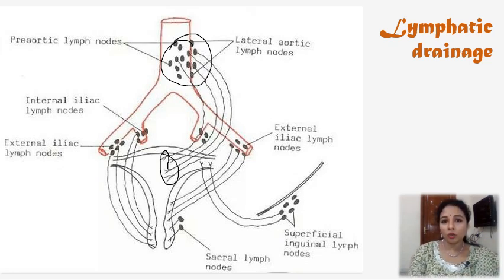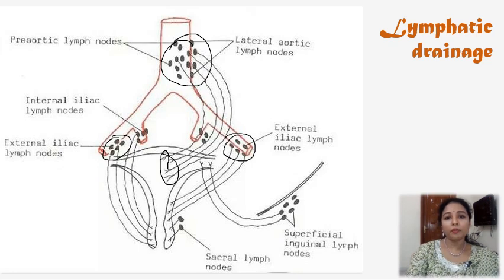The lateral part and the angles of the uterus travel along the round ligament of the uterus and drain into the superficial inguinal lymph nodes on each side.